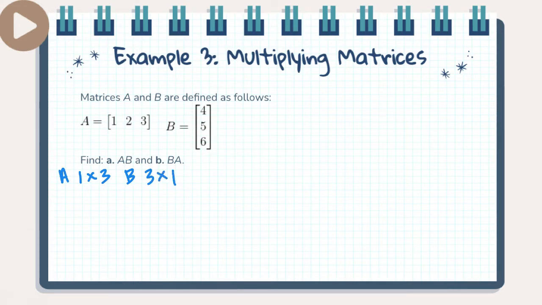So in order for these two to multiply together, these two numbers must be the same, the 3 and the 3. We know that our final answer is going to be of the order 1 by 1. So AB is going to be of the order 1 by 1.